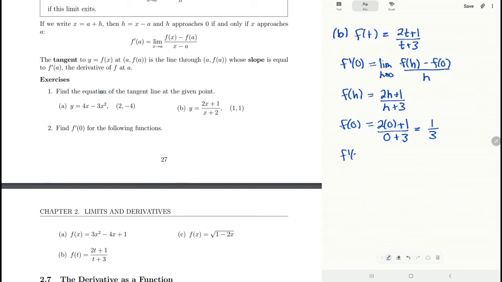So now f prime of 0 is the limit as h goes to 0 of f of h, which is 2h plus 1 over h plus 3, minus f of 0, which is 1/3, and that's all divided by h.